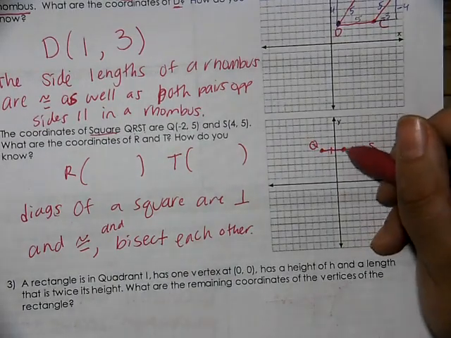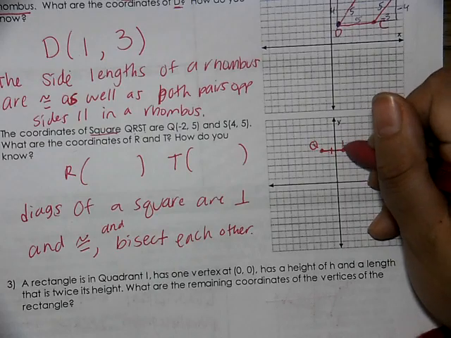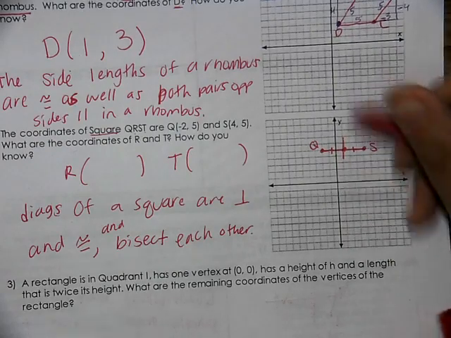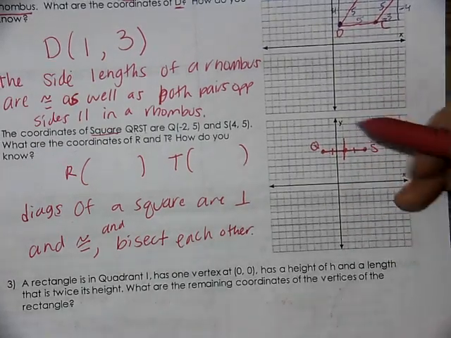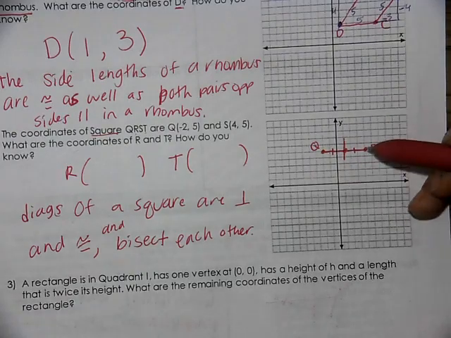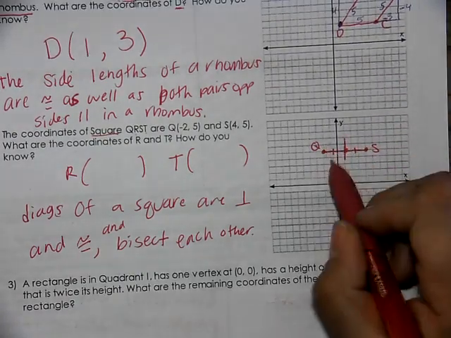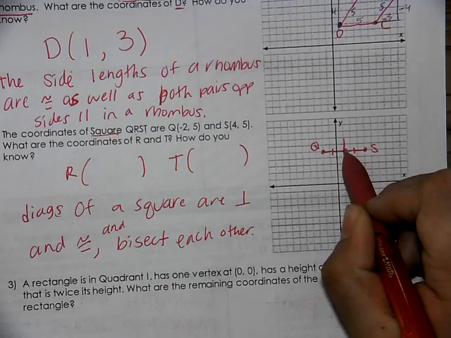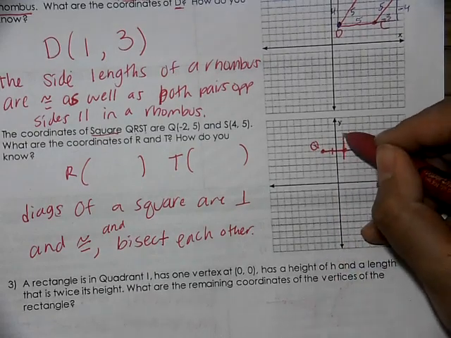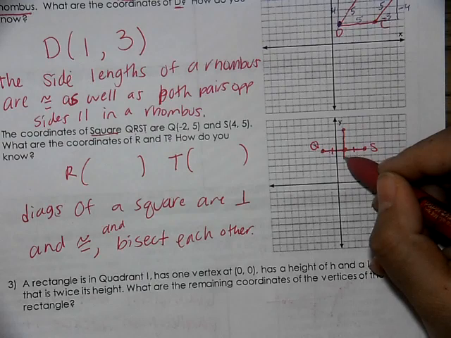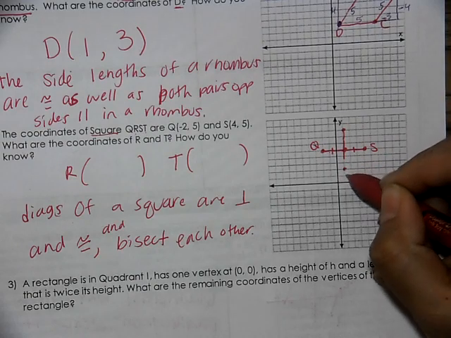If I know it's got to be at this point as the midpoint, I know it has to go up and down like this. I just have to figure out how far up and down to go to get to my other 2 points. Again, the diagonals are bisected. If this is 3 units to get to the midpoint, this needs to be 3 units up and 3 units down.